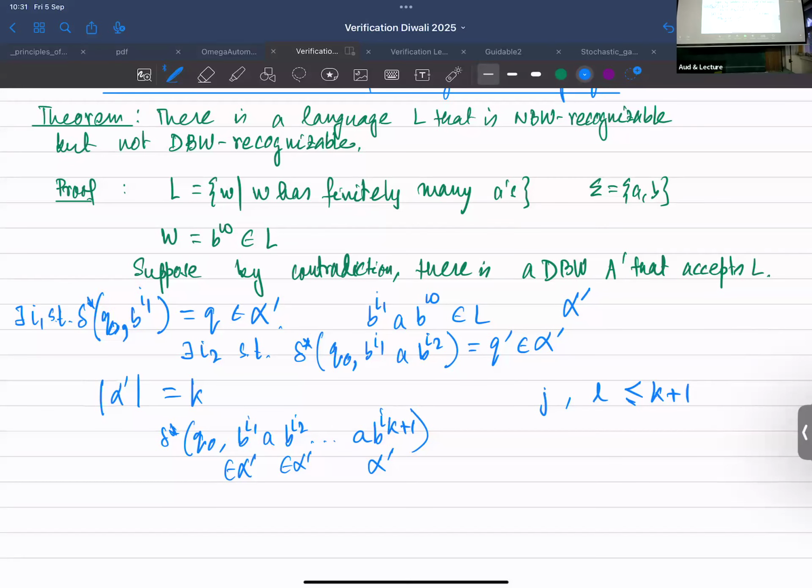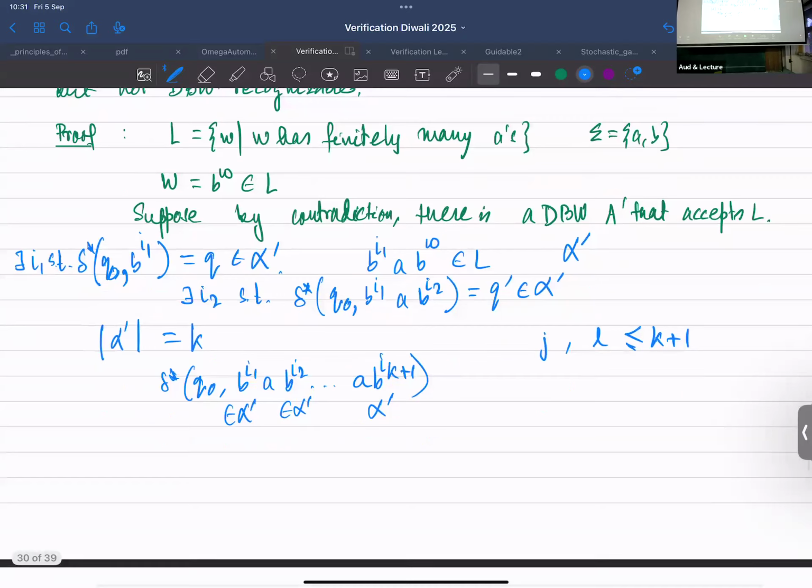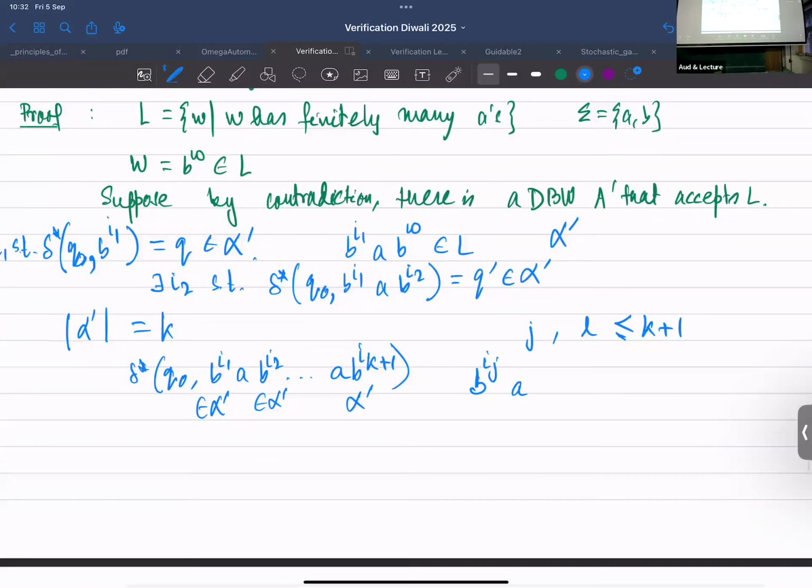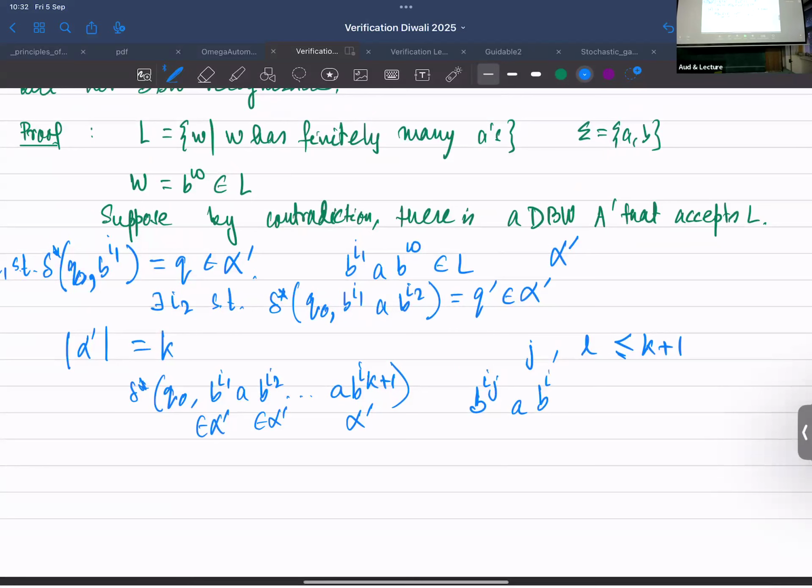So now you can consider this part: starting from B^{ij}, after this you consider A, B^{i(j+1)}, up to B^{il}. You just take the omega over this.